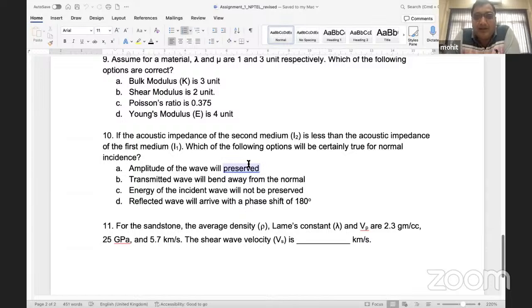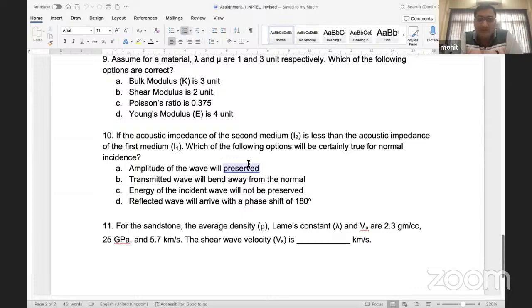Transmitted wave will bend away from the normal. For the normal incidence, it is not true. And option C, energy of the incident wave will not be preserved. So this is also not true. Energy will remain preserved. Reflected wave will arrive with a phase shift of 180 degrees.